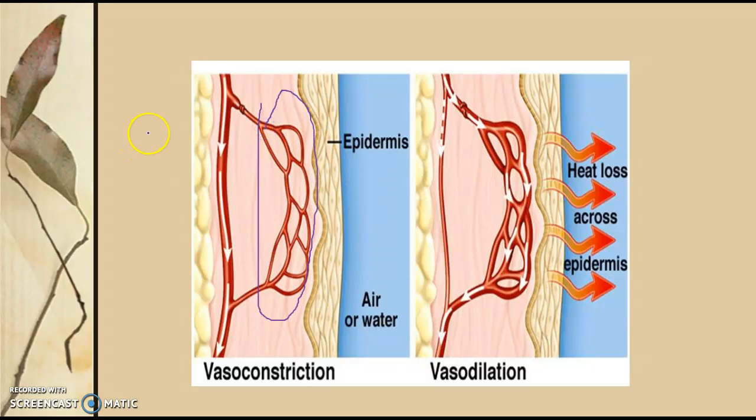Those are all capillaries. When it's really cold out, we actually vasoconstrict or make these capillary beds smaller. And in doing so, the blood stays more internal in our body, so we keep warmer. Now, if you're really hot, you vasodilate. So what we do is we open up all of these capillary beds in the dermis, and we're able to release heat from these capillary beds.